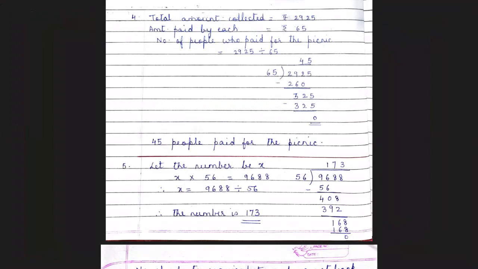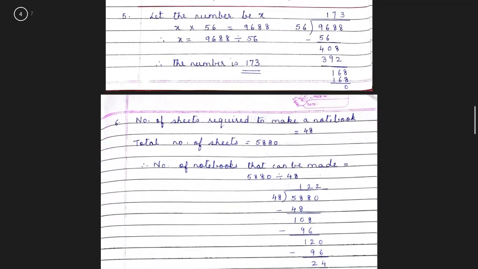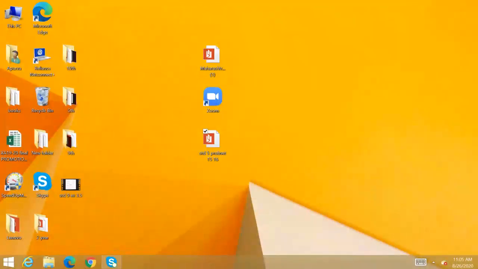When you subtract, you get 32. Bring down 5. 65 goes 5 times. So your answer is 45. So 45 people paid for the picnic. So if you multiply 65 into 45, your answer should come 2,925. Okay, that's how we check the sum. So next question, number 5.